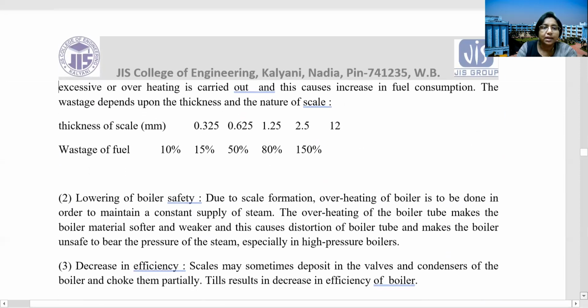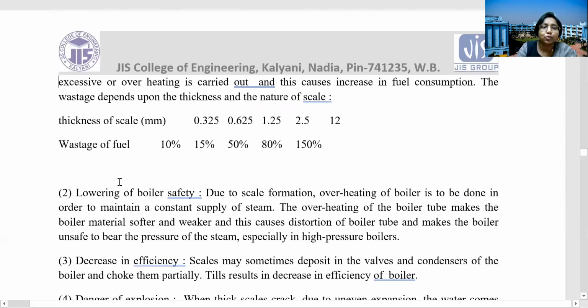The thickness of scale versus the wastage of fuel is given here. If the thickness is, say, 12 millimeter, then the wastage of fuel will be 150%. So huge wastage.